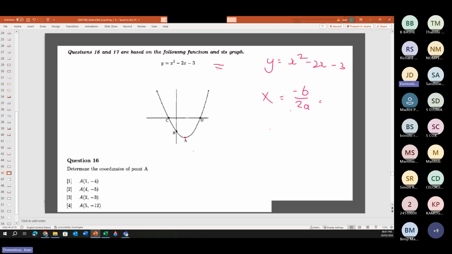So let's look at minus b, which is minus minus 2, over 2a. A is 1. So minus minus 2 is positive 2, divided by 2 is equal to 1. So our x point is 1.